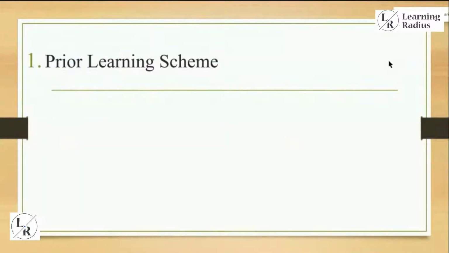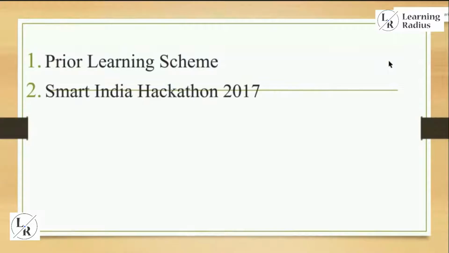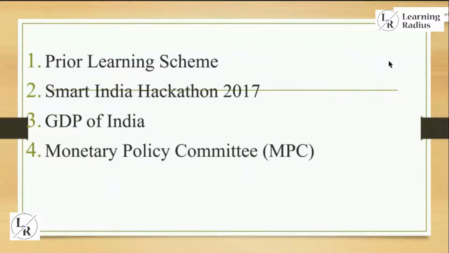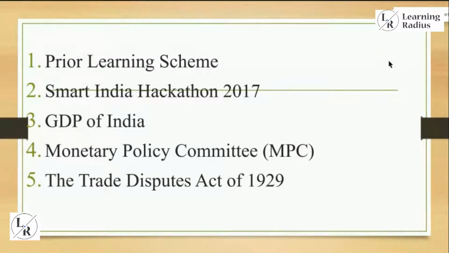Once again, I'll just rush through: prior learning scheme, Smart India Hackathon, GDP of India, Monetary Policy Committee, the Trade Dispute Act of 1929. When you listen to all this, you have to think from one more line, and that line is whether your reading is going in the right direction.